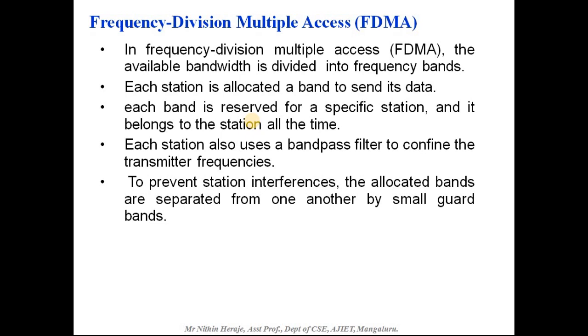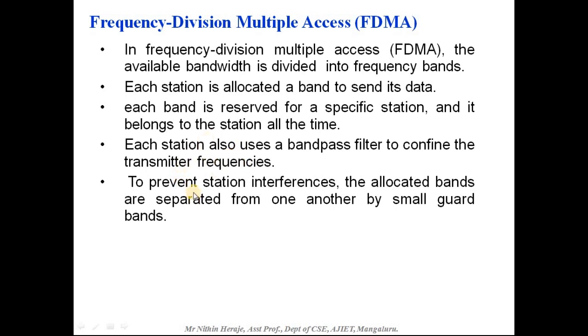It has its own reserved band, so anytime the station can send the data. Each station also uses a band pass filter to confine the transmitter frequencies. So it uses a band pass filter to know what is its band, what is its transmitter frequency.